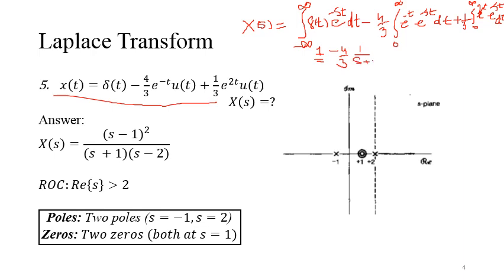For this one, the region of convergence will be real of S greater than minus 1. And plus the third term, 1/3 times 1 over S minus 2. For this third one, the ROC is real of S greater than 2.